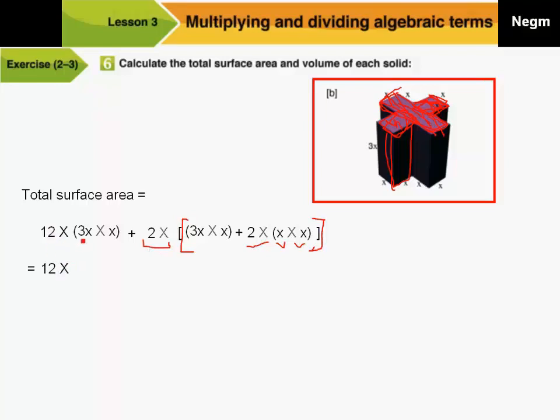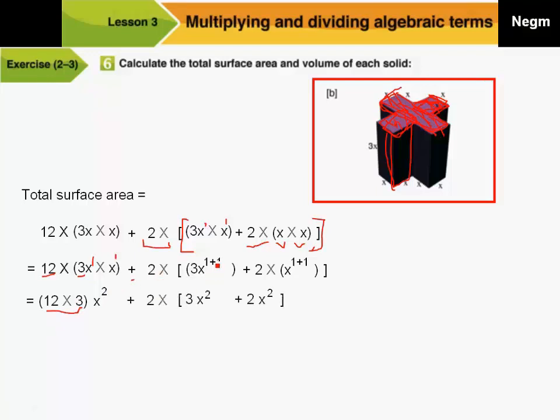We have 12 times 3 times x plus 3 times x to power 1 plus 1 plus 2 times x to power 1 plus 1. We have 12 times 3x to power 2 plus 2 times 3x to power 2 plus 2x to power 2.